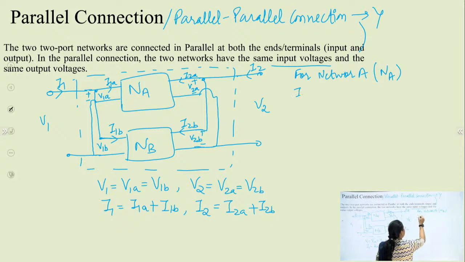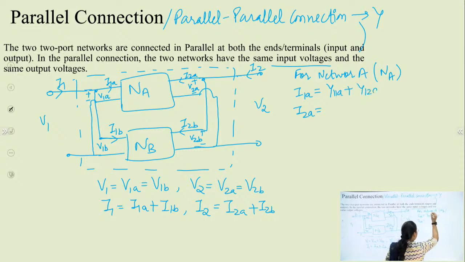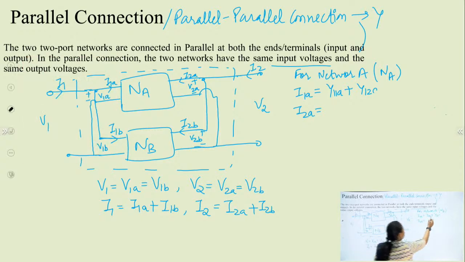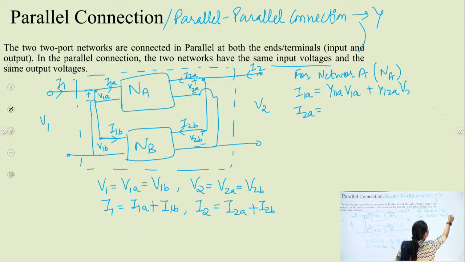Now for Y parameters we know that I1, I2 is a function of V1, V2, right? So I can write I1A equals Y11A into V1A plus Y12A into V2A, okay.